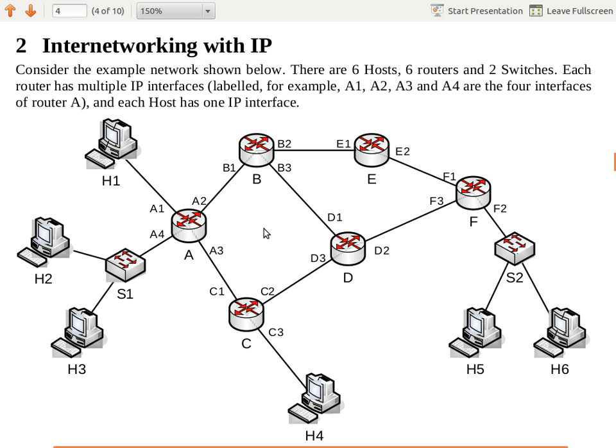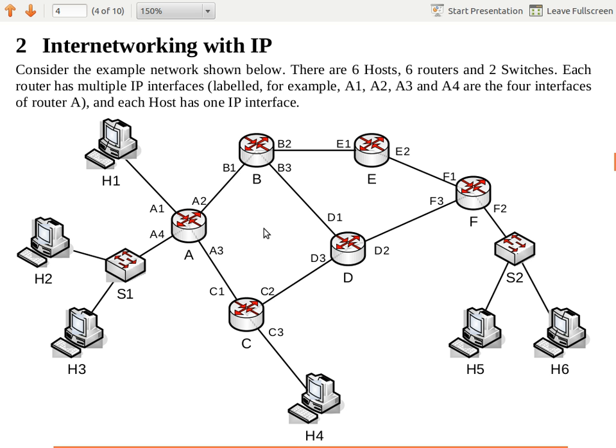And the rules are every subnet must have a unique network portion in the internet. This subnet has one network portion. This has a different one, that identifies the subnet. Within one subnet, every device must have the same network portion but a different host portion. So C3 and H4, same network portion, different host portion. And that's the rule we follow to allocate IP addresses.